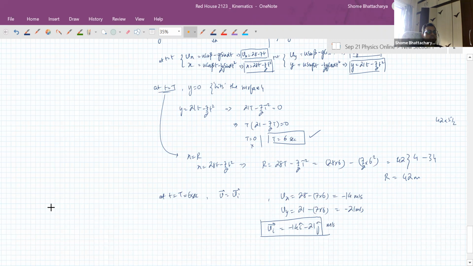So it's a situation like this, our inclined plane is at 45 degrees. This alpha was equal to 45 degrees and we projected it at 37 degrees like this. So it probably went like this, and then on its way down, let me do a better job of drawing this.